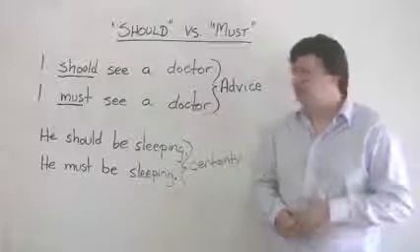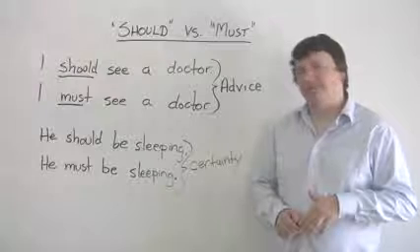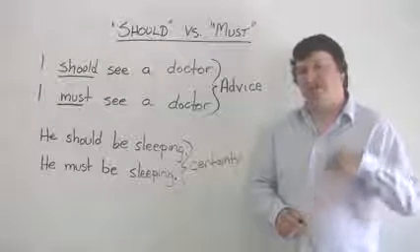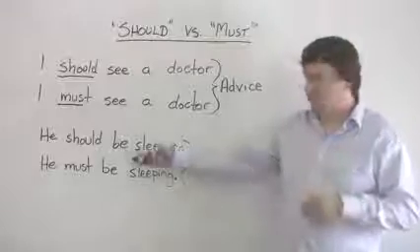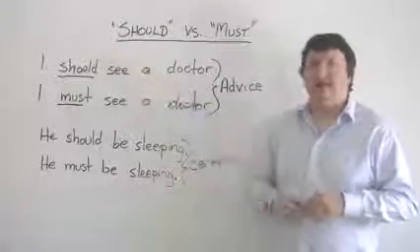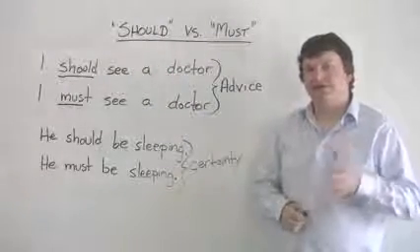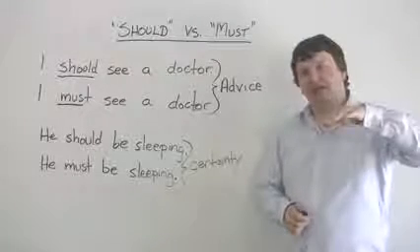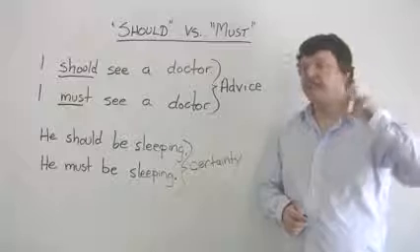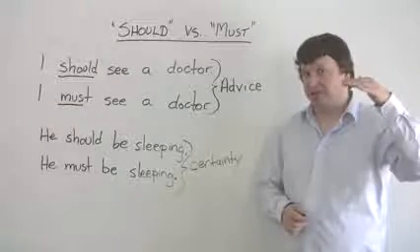You say, he should be sleeping, which means that maybe today, he had a doctor's appointment in the morning, going back to the doctor, and his doctor's appointment wasn't until 10 o'clock, and now it's about 8 o'clock, so he doesn't have to wake up until 9 o'clock.